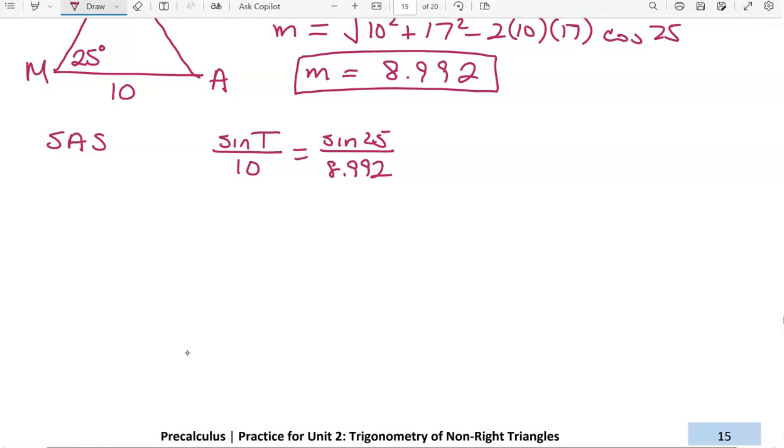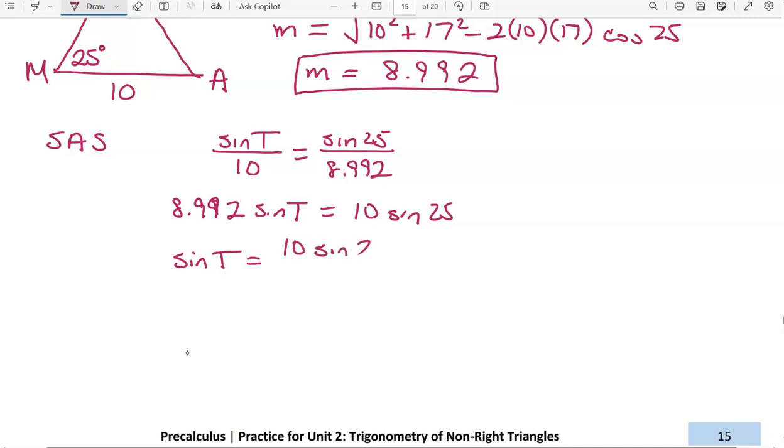Now let's cross multiply. 8.992 times the sine of angle T is 10 times the sine of 25 degrees, and dividing by 8.992, sine of T is 10 times the sine of 25 divided by 8.992. From here we can find the measure of angle T by taking the inverse sine.